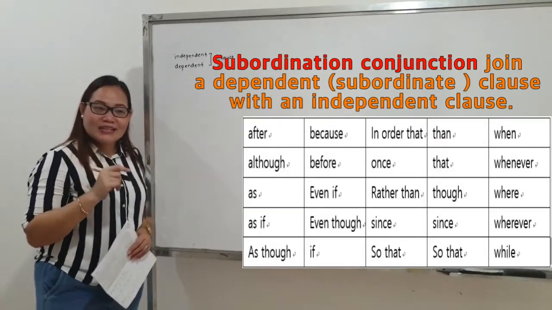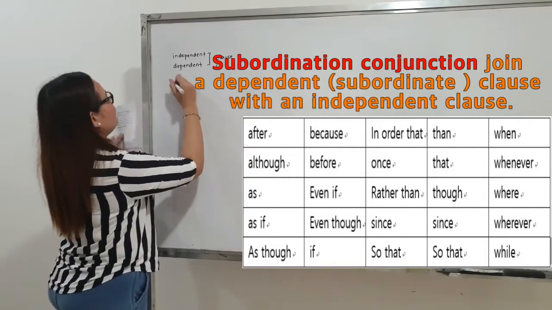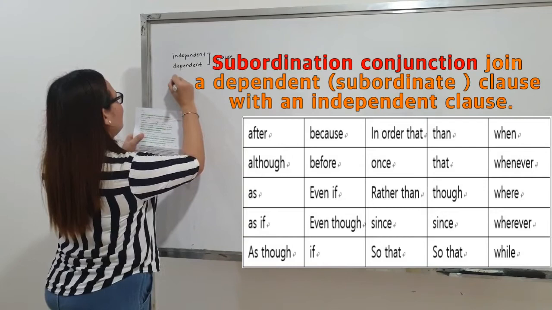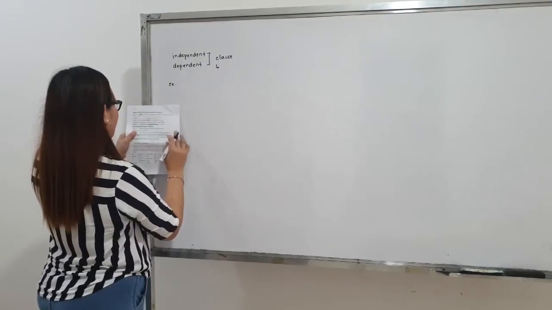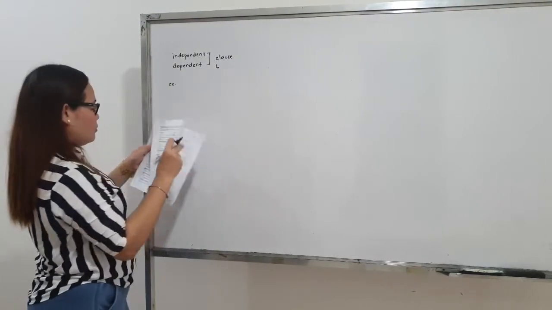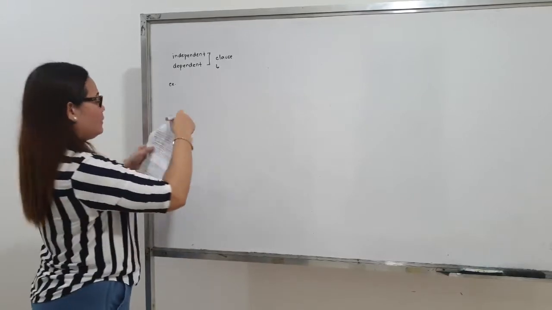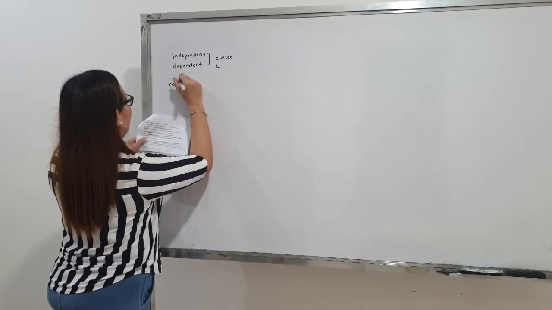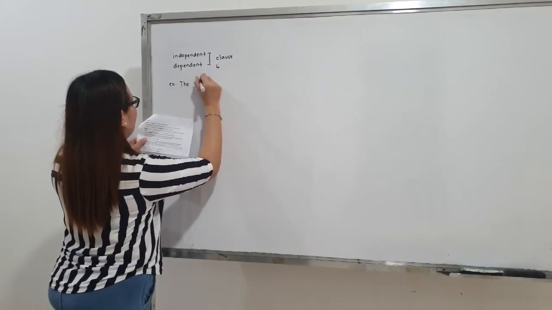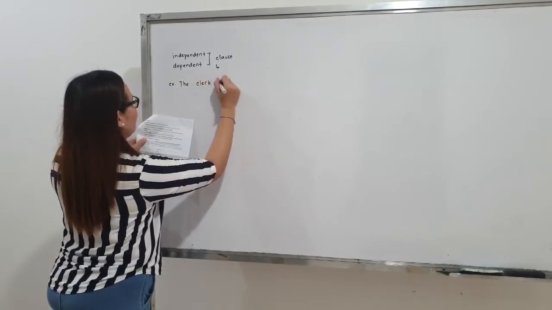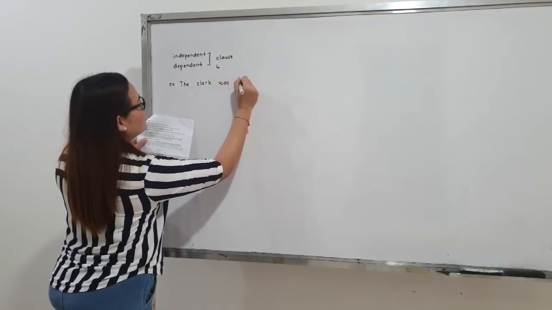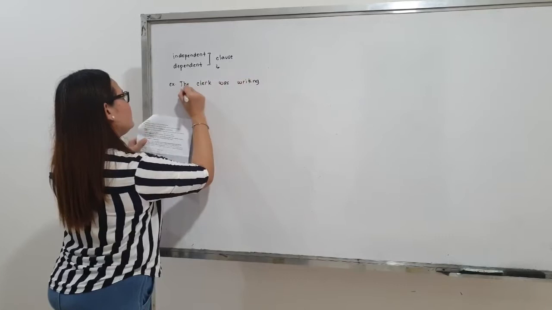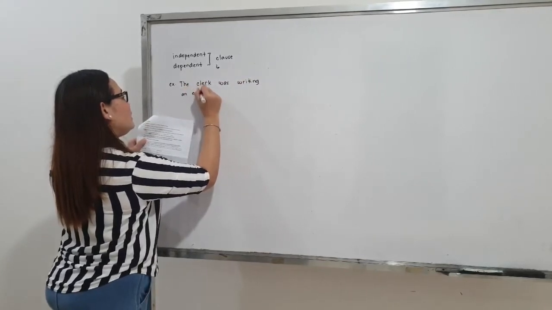For example, I'll give you an example of an independent clause. The clerk was writing an email.